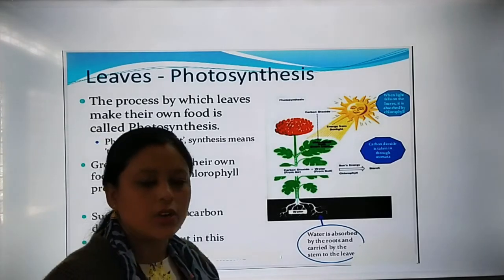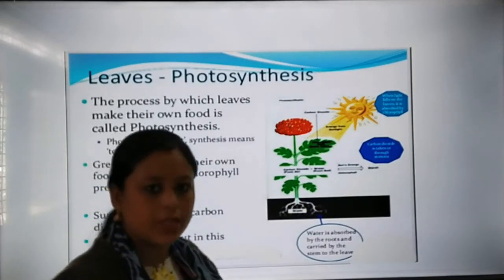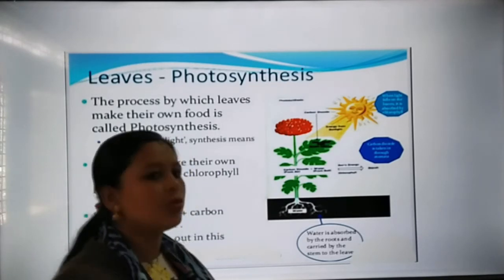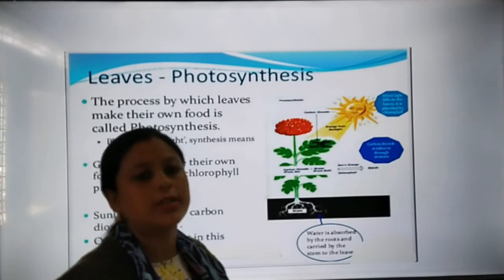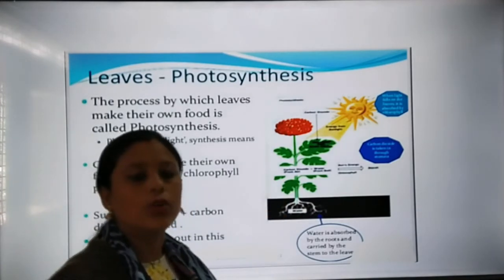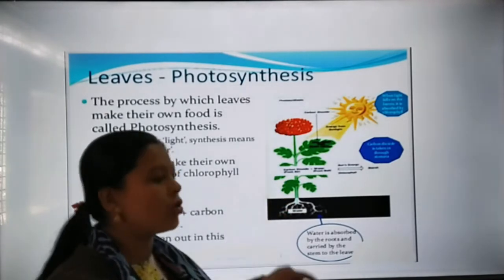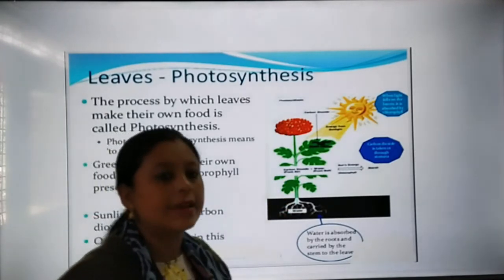You have seen dry leaves also, which fall from the trees, that is, dead leaves. They cannot make their food, isn't it? Only green plants can make the food for the whole plant, because they remain green and chlorophyll is present in the leaves.